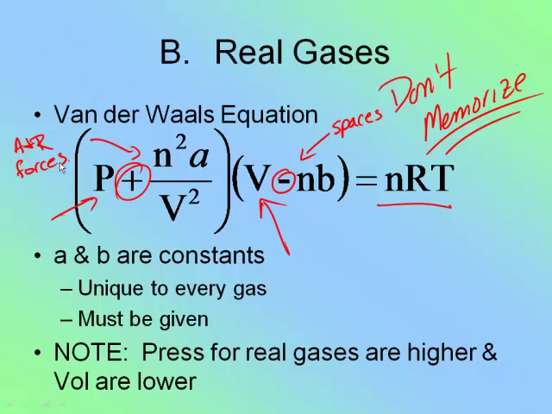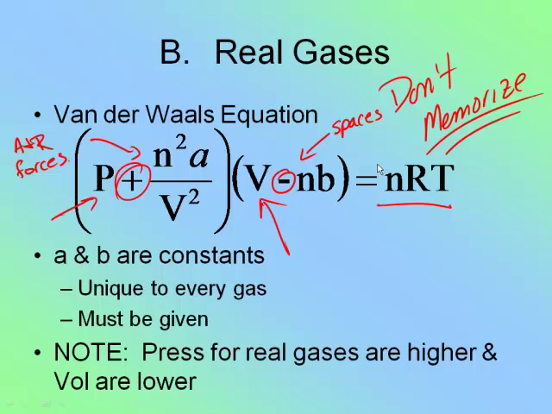Those attractive and repulsive forces are actually going to pull the gases in so that they collide with a greater amount of force, and then this piece, this nb, will subtract out the spaces that exist between the molecules, because again, remember, molecules are not tightly compacted together. Gases are in constant random motion, so there are actually large gaps between them because they're always moving around at all times.